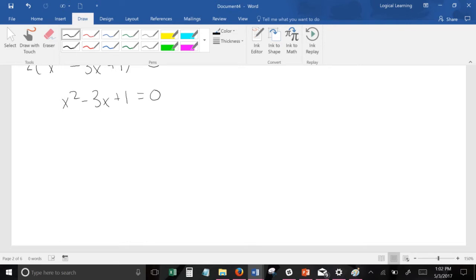So let's look at completing the square. If we do x squared minus 3x, and we're going to move the 1 back over, is equal to negative 1. Completing the square, we're going to take negative 3, our b, divided by 2, and square it. And that's going to give us 9/4.